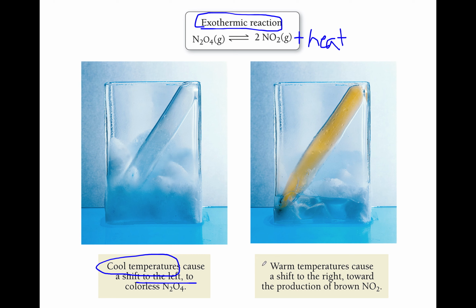Warm temperatures cause a shift to the right. This is the reaction N2O4 to 2NO2. So cool temperatures, it goes to N2O4, and NO2 goes with the heat.